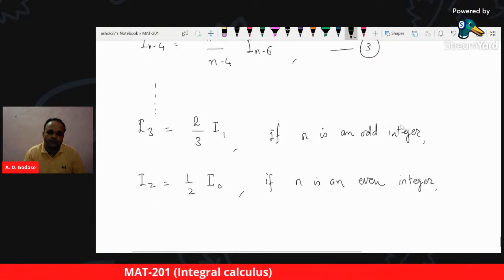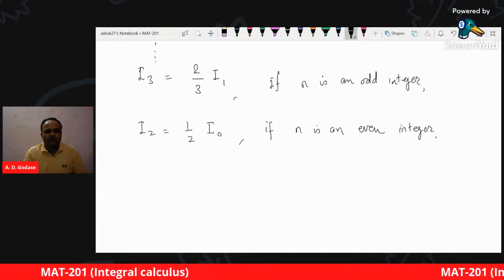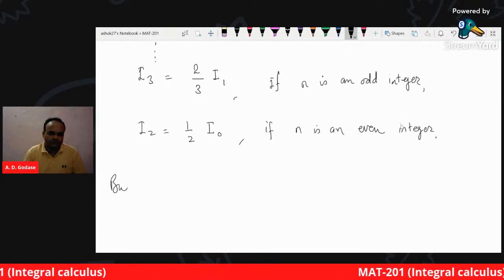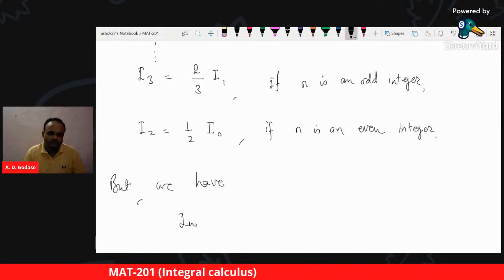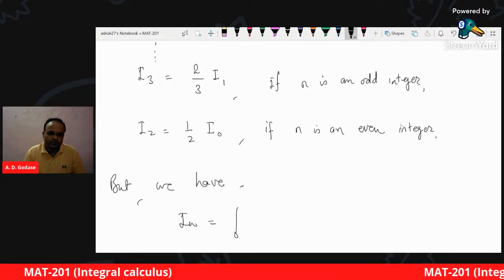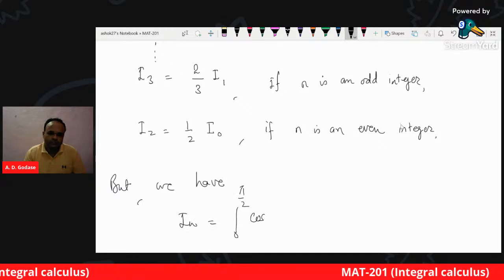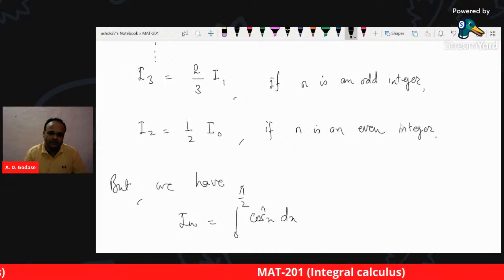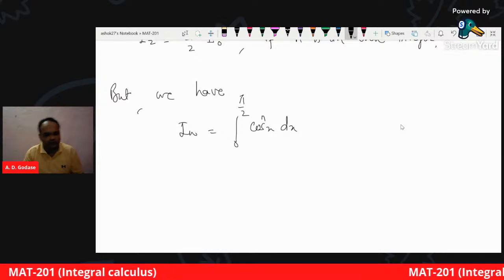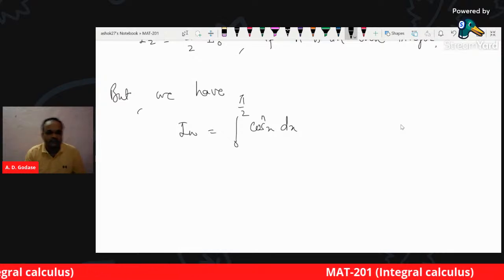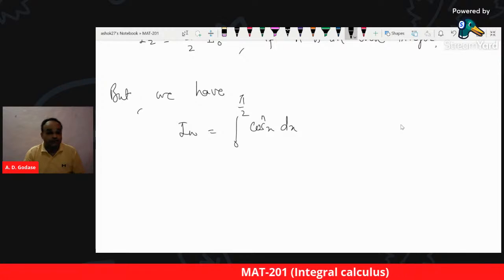But what is I1 and what is I0? We have In, that is the integration from 0 to pi by 2 of cos raised to n x dx. Let us put n equal to 1. If we put n equal to 1, we get the value of I1.